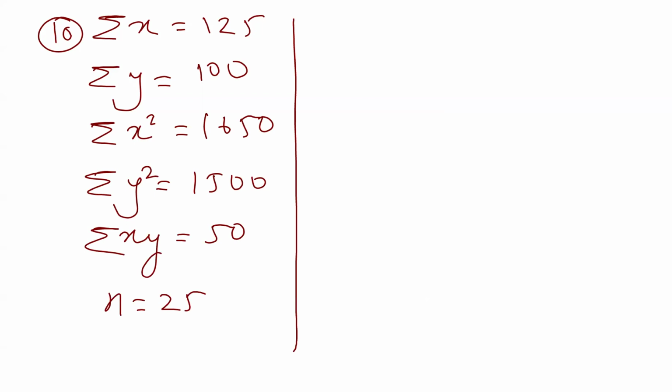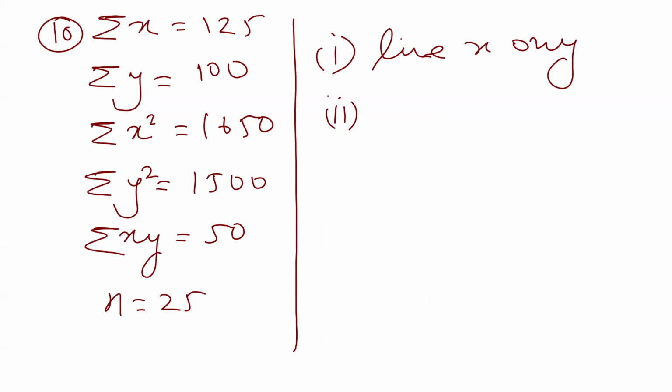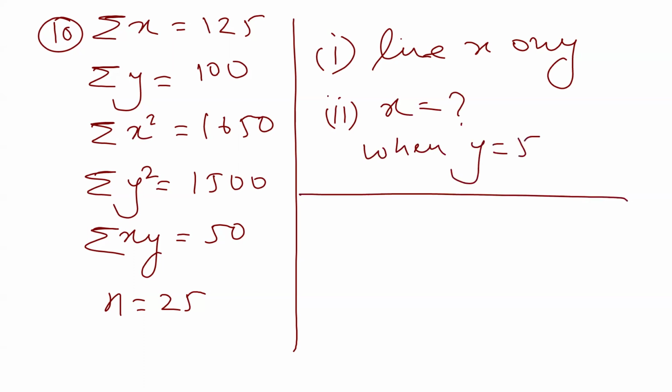So this information is given to you. They are asking you two things. First, calculate the line x on y, and secondly, calculate x when y is equal to 5.